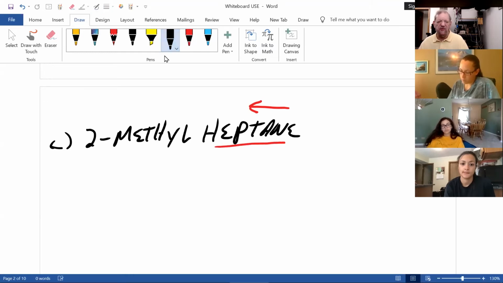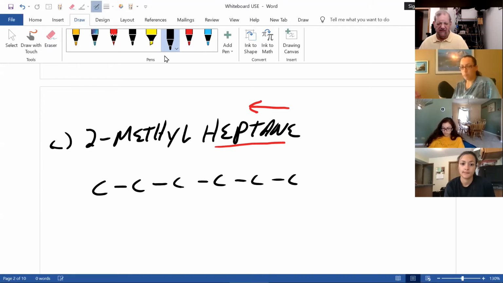So that tells me the root chain, heptane is an alkane, is 7 carbons. Next, I have a methyl group, and I've learned that table. That's CH3. And here you see the number 2, and where is the methyl group on carbon 2? 1, 2.